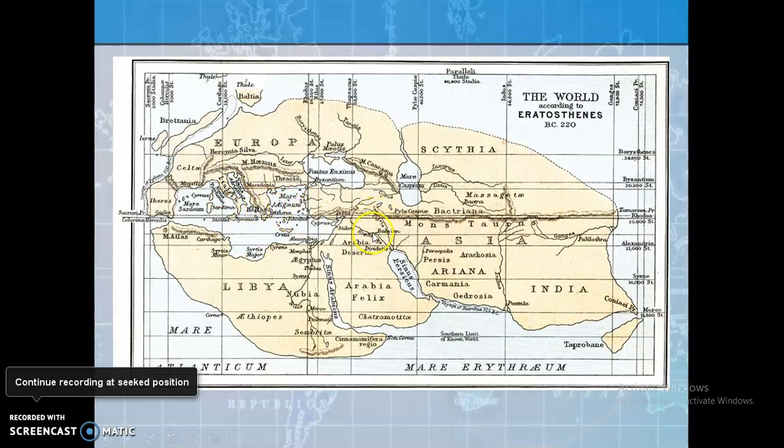We've got the Tigris and Euphrates River leading to the Persian Gulf, the Arabian Peninsula, the Red Sea, Northern Africa. And then you start to see it kind of cut off here. They don't know much about this. So the geographers at that time were seeing how their society flourished in Greece and around the Mediterranean, and they figured, well, it's intolerably hot here in the desert, the Libyan desert, what we call the Sahara Desert today.